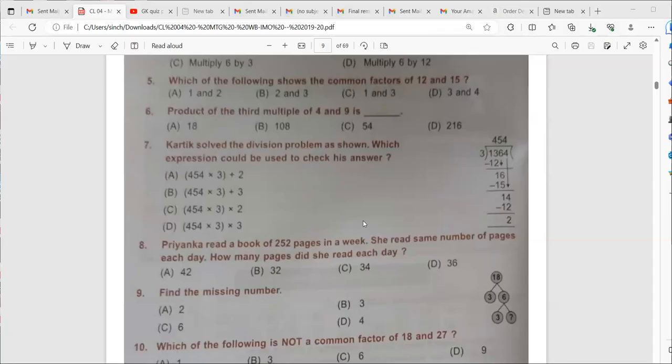Yes, ma'am. Product of third multiple of 4 and 9 is dash.